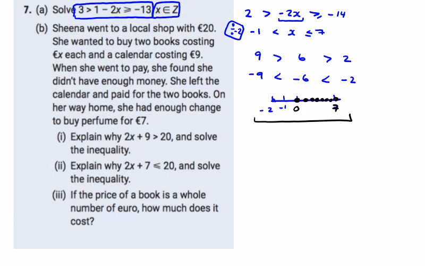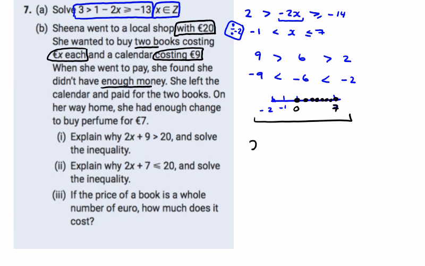And then the last part of the revision exercises. Sheena went to the local shop with €20. She wanted to buy 2 books costing x each and a calendar costing €9. When she went to pay, she found out she didn't have enough money.